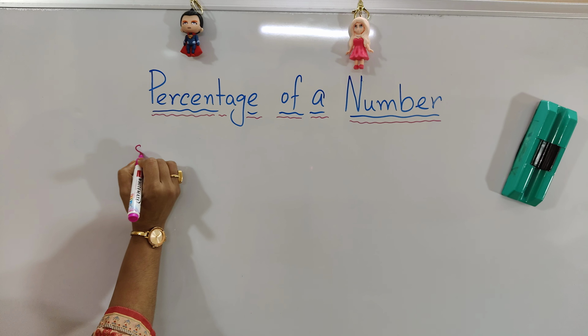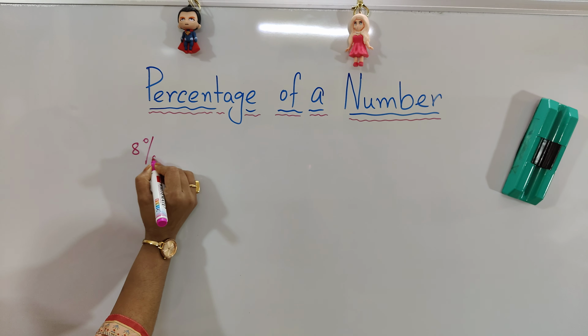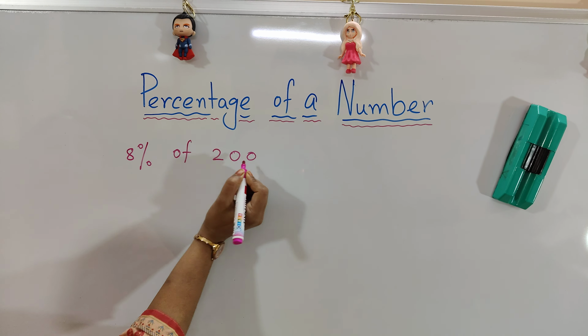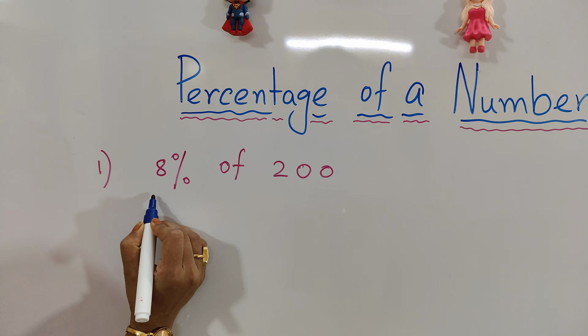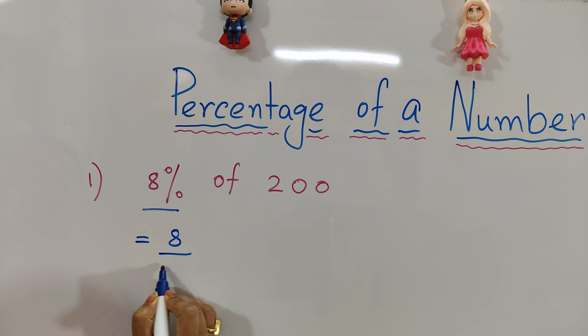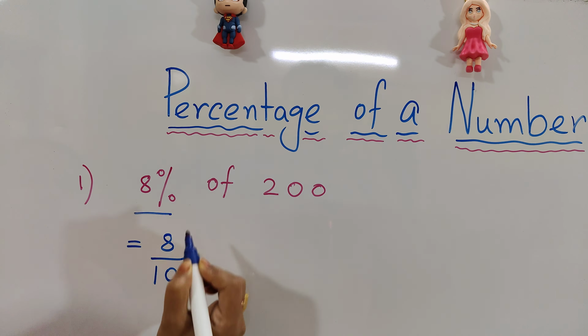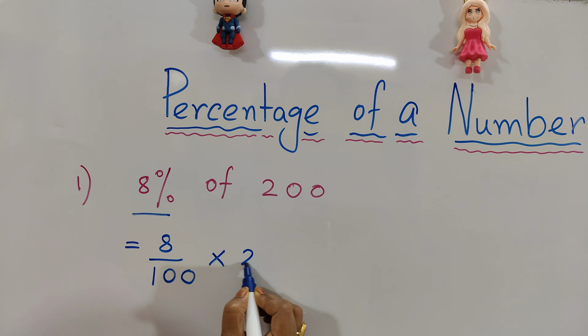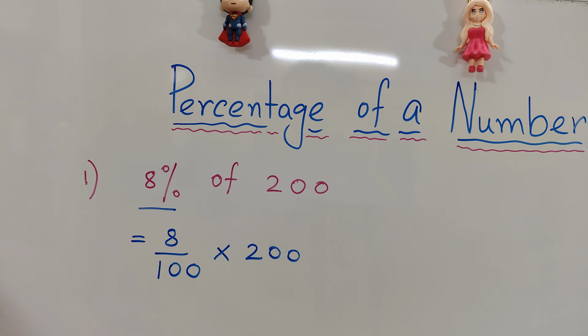So 8% of 200. So 8% means 8 by 100 multiply, and 200 will remain as it is.